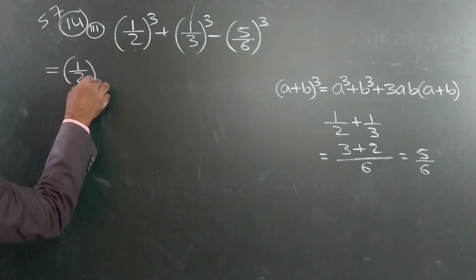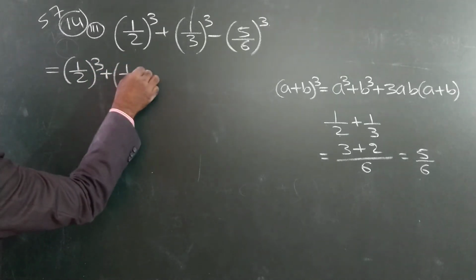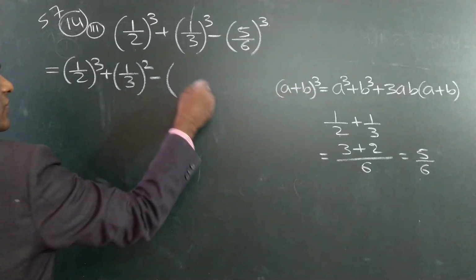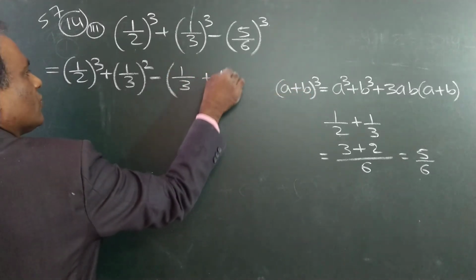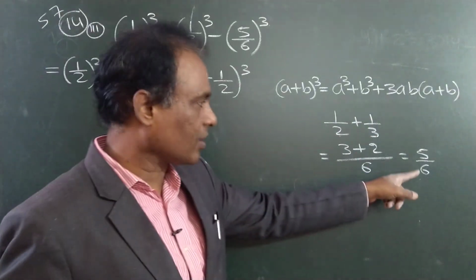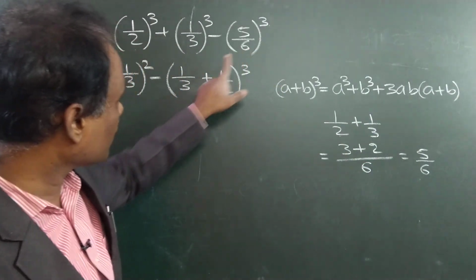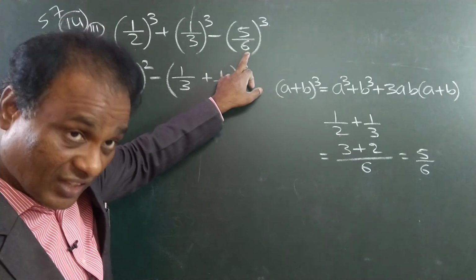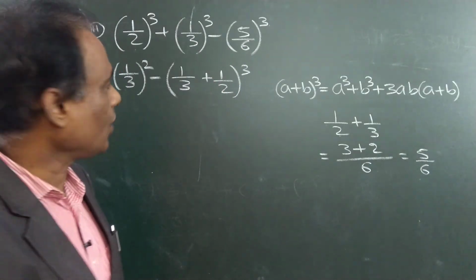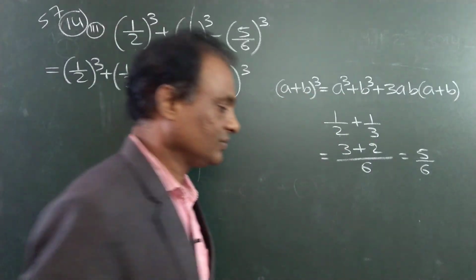First one same. Any one you change. Let us take the third one. Any one you can change. I am writing 5 by 6 as 1 by 3 plus 1 by 2. 1 by 2 plus 1 by 3 is 5 by 6 only. Now the A plus B whole cube formula.